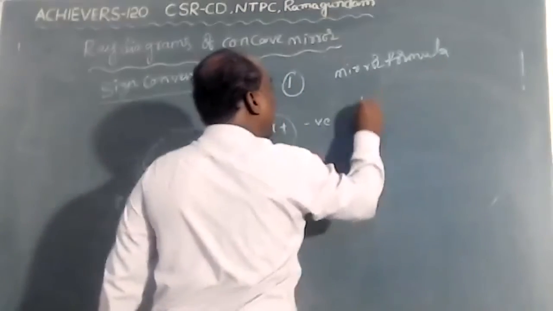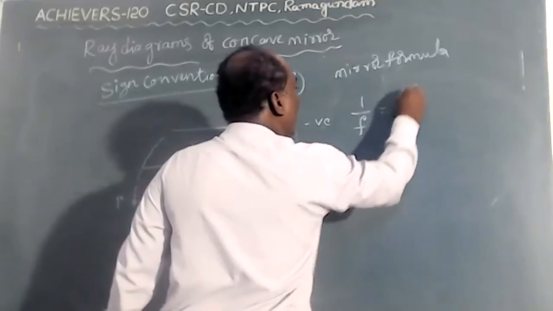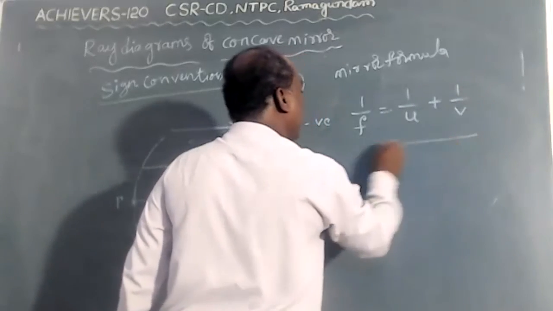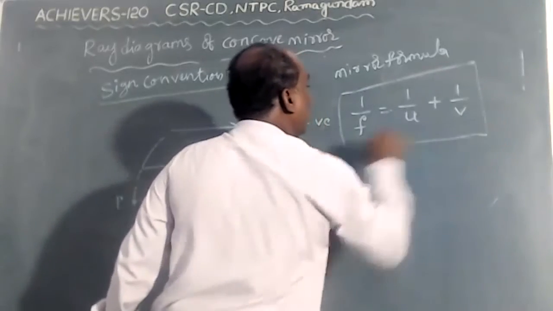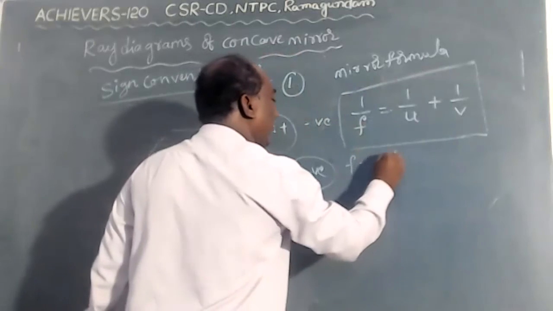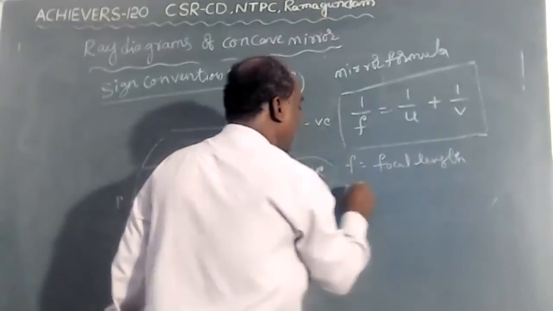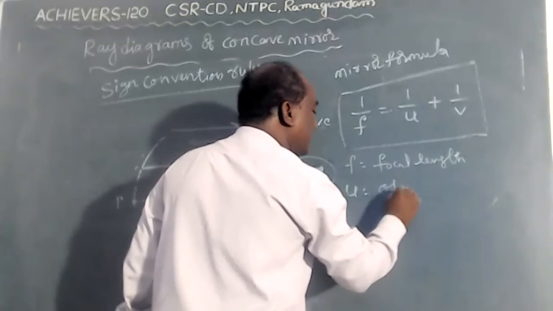Mirror formula, children: 1 by f equals 1 by u plus 1 by v. F means focal length. U means object distance.